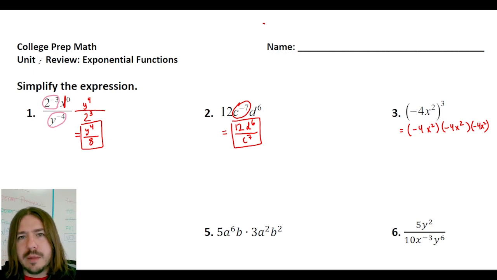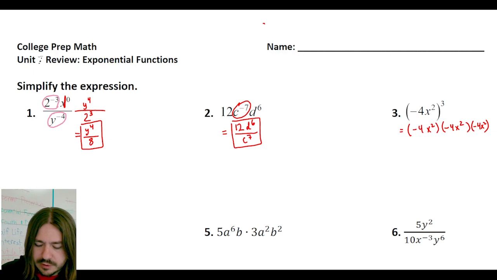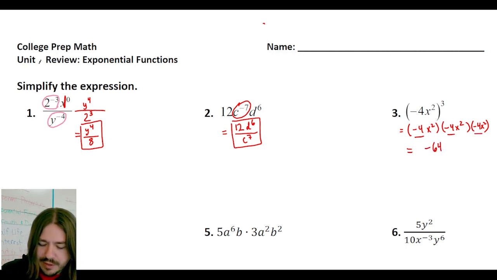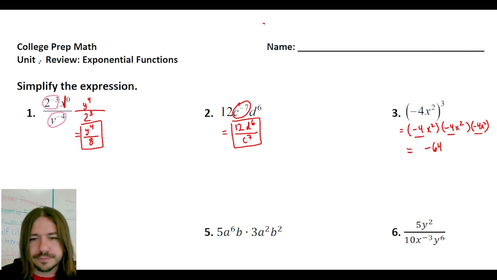Now we can go ahead and multiply all the coefficients. So we've got negative 4 times negative 4 times negative 4. That's going to be negative 64. Feel free to check that in the calculator. And then we've got x squared times x squared times x squared.